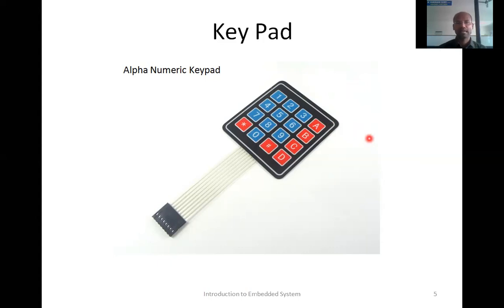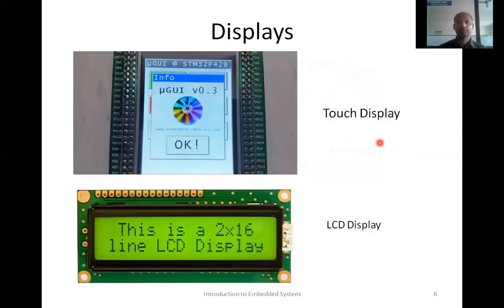This is another type of input device. And these are the displays, output devices. Here, this is called touch display. Touch display is both an input device and also an output device.